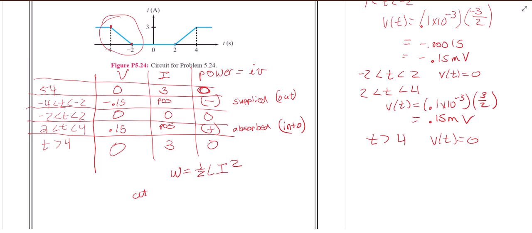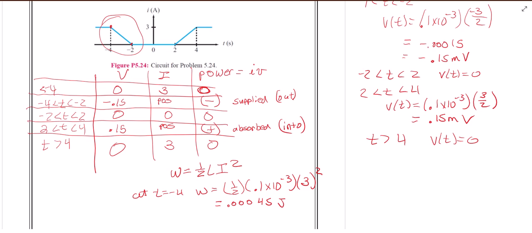So at time equals -4, our energy equals 1/2, and L is 0.1 times 10 to the -3, and i is 3 squared. So we have 0.5 times 0.1 times 10 to the -3 times 3 squared, and that equals 0.00045 joules.